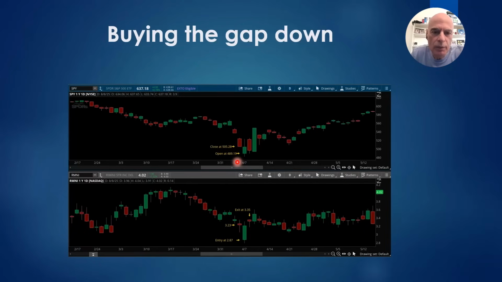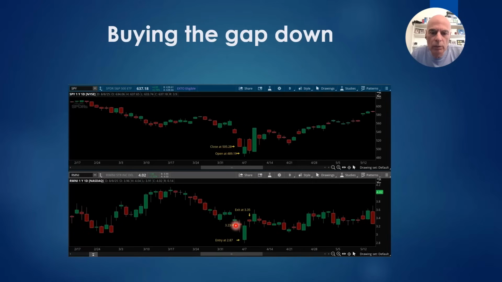And the SPY had a closing of 505.26. And on April 7th, it opened with a gap, certainly a gap of 0.5%. At the same time, this particular stock, Rimini, symbol RMNI, had closed this particular day here lower than the day before.